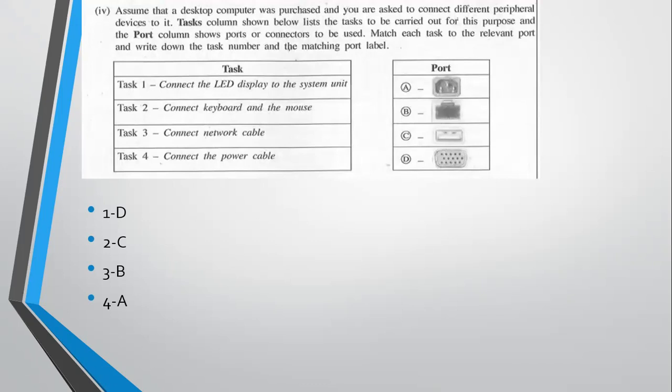We use USB ports, so the answer is C. To connect the network cable, we use the RJ45 port, so the picture is B. The RJ45 port is B, for the network cable.